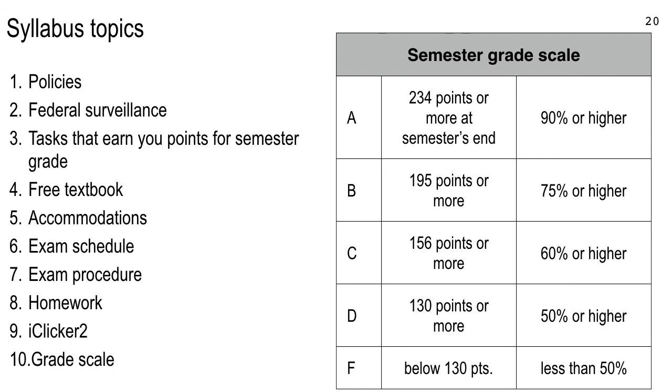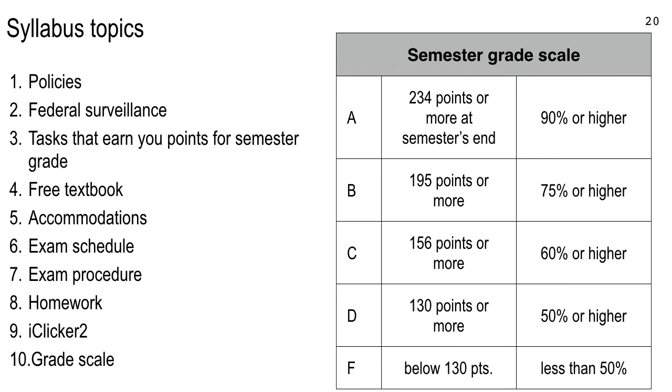And iClicker 2. Now, we've already talked about iClicker 2, but there's one thing that is not on the slide here, but is important to mention. The iClicker 2 is a participation grade.